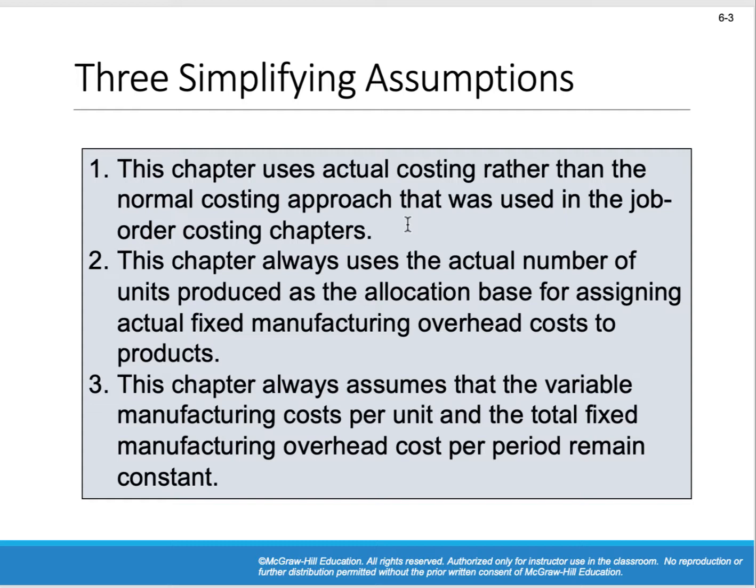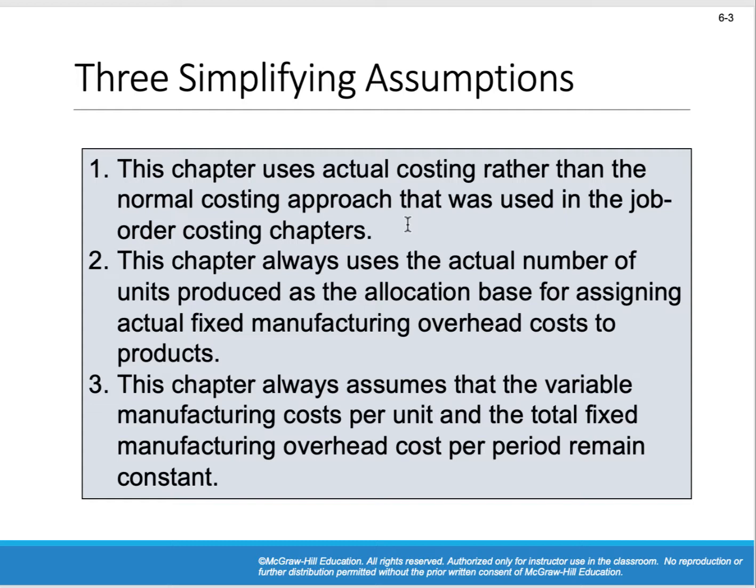We used direct material cost. We saw that. We used direct labor. We saw that. We used machine hours as an allocation base. We saw that as well. In this chapter, we're saying because we're using variable costing, we're actually going to use the units produced as our allocation base. And that is how we are going to assign the fixed overhead, okay?